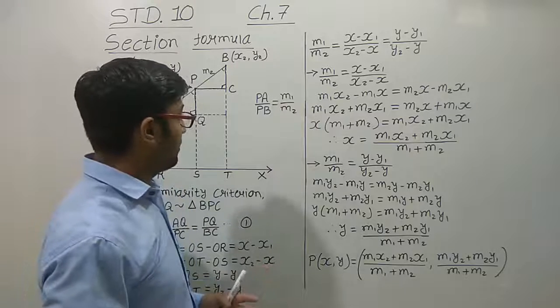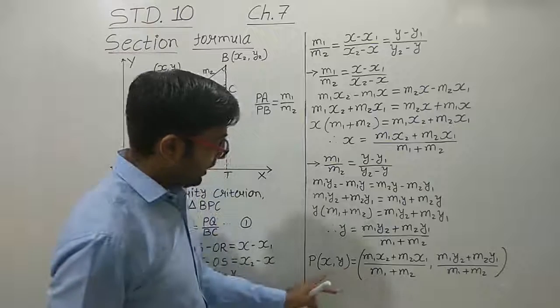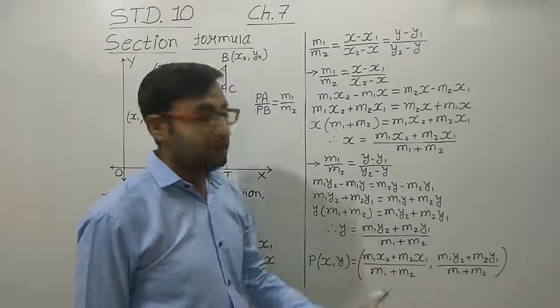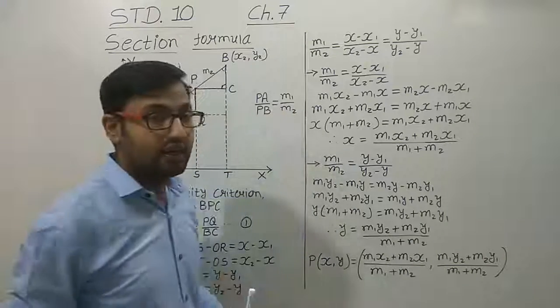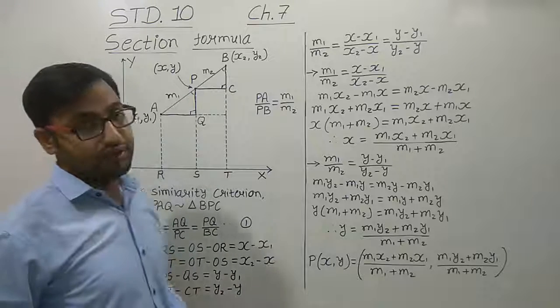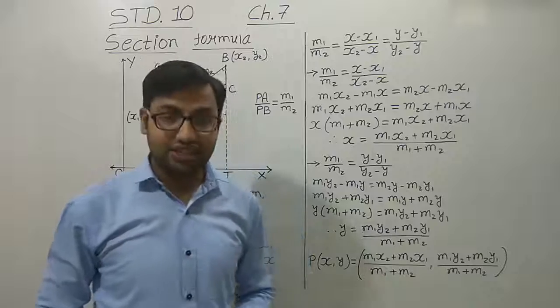So whenever the values of x1, x2, x, y1, y2 are given, then we can find out the value of M1 and M2. We can find out this ratio M1 to M2. So this is all about the section formula. Understand? Okay, this is all about this lecture.